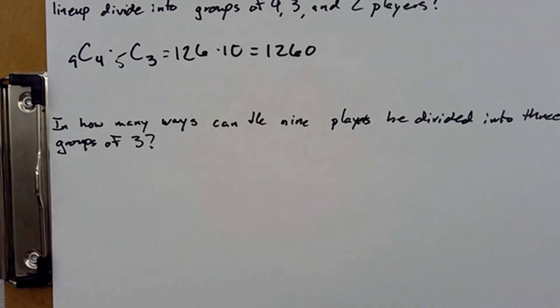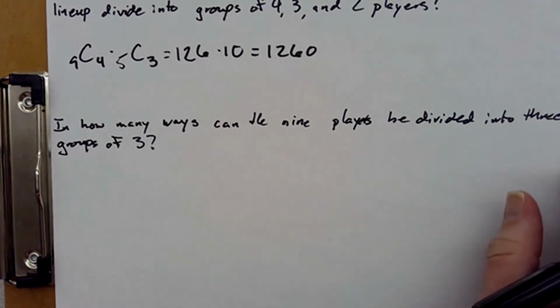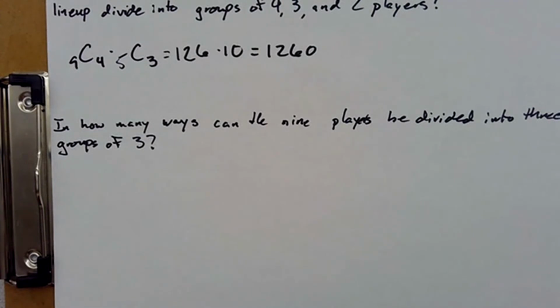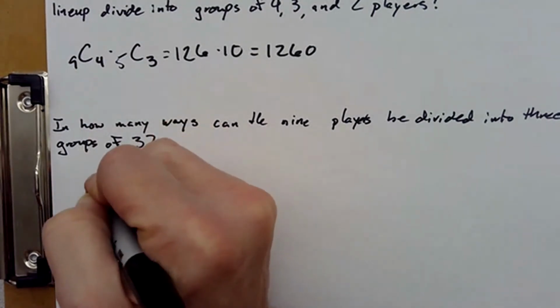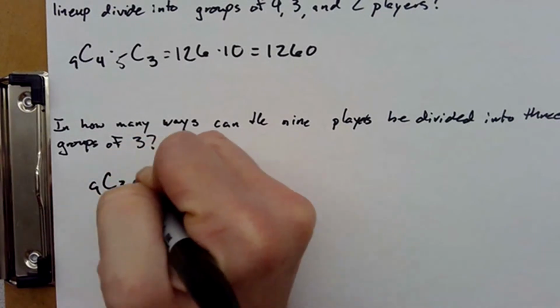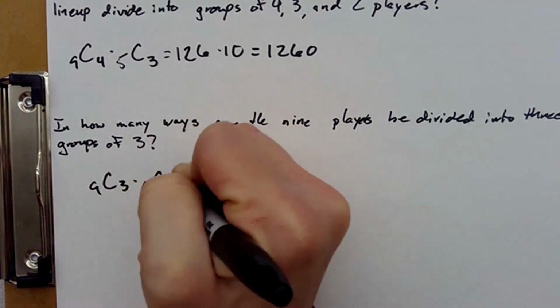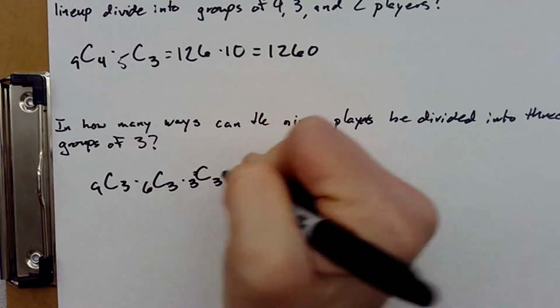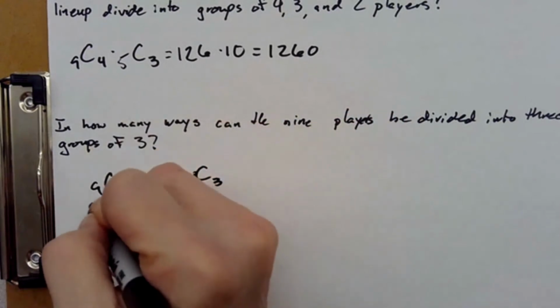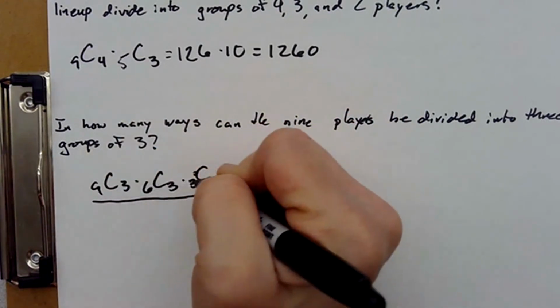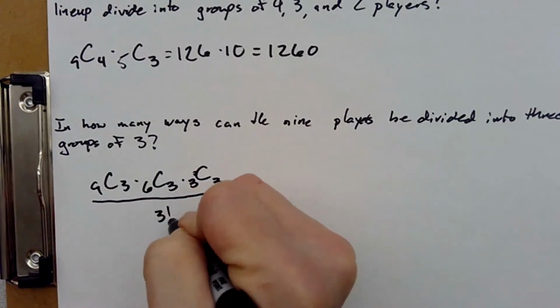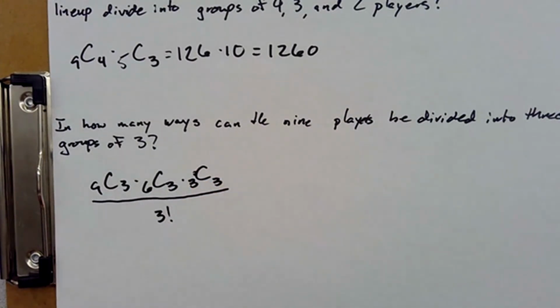Well, in this case, because we can order these groups in multiple ways, things are a little bit different. This is not, as we might think, 9 choose 3 times 6 choose 3 times 3 choose 3, but 9 choose 3 times 6 choose 3 times 3 choose 3 divided by 3 factorial, which is 6.